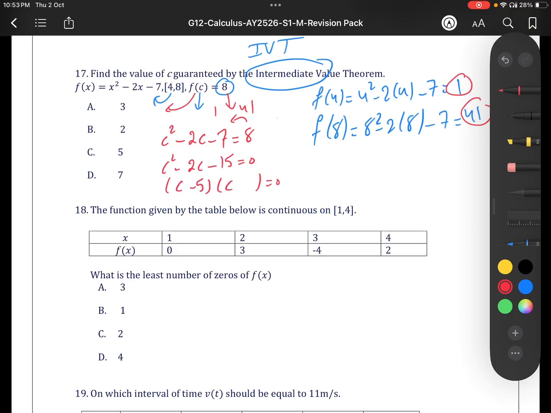So negative 5 and positive 3, from which we can say c equals 5 or c equals negative 3. We need to check which is rejected. According to the interval 4 and 8, c equals 5 is accepted and negative 3 is rejected because it's outside the range.